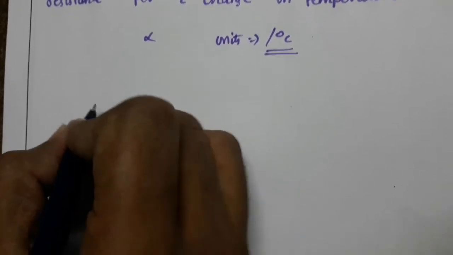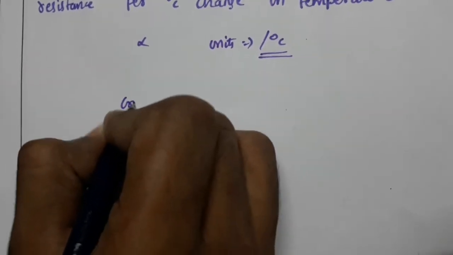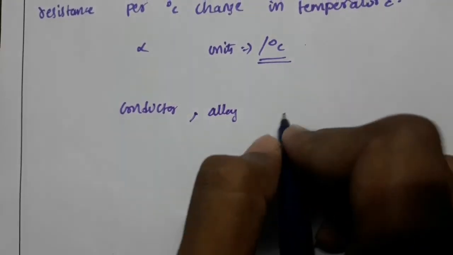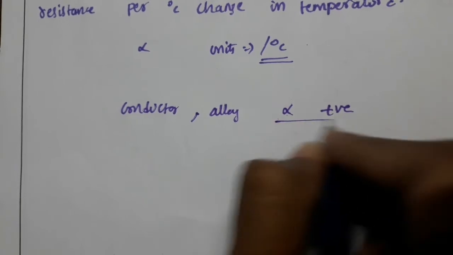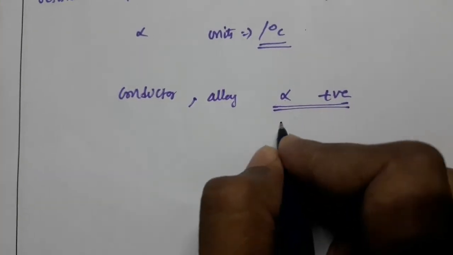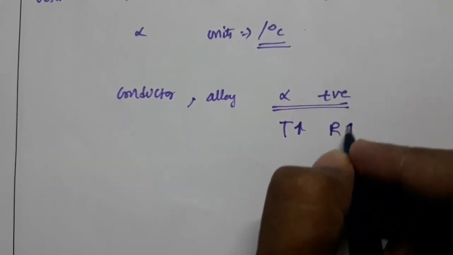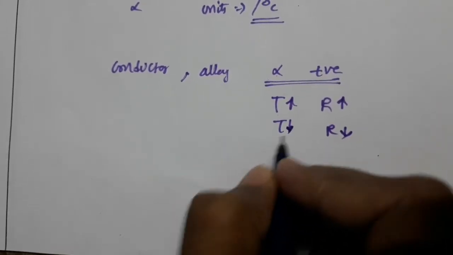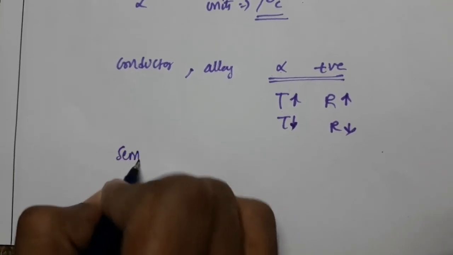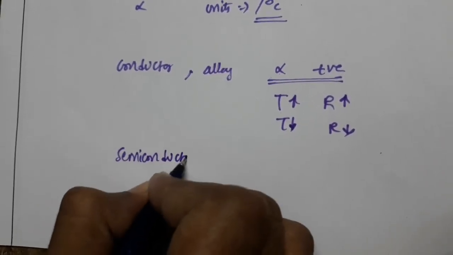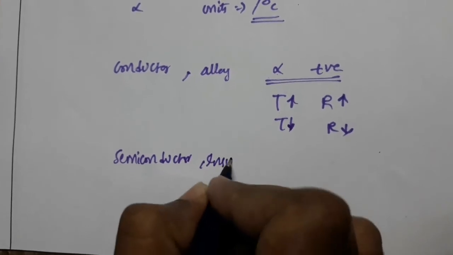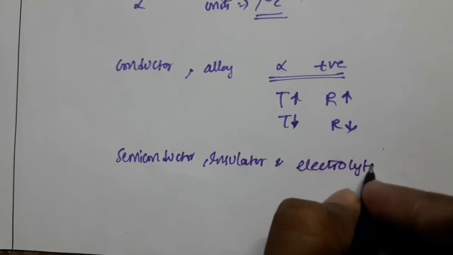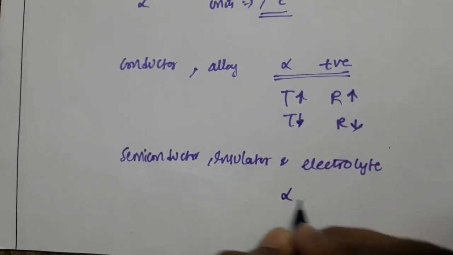And coming to conductors and alloys, alpha will be positive. That means when temperature increases, resistance increases, or when temperature decreases, resistance decreases. For semiconductors, insulators and electrolytes, alpha will be negative.